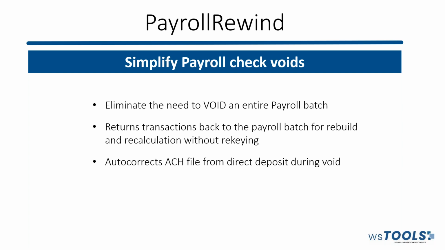And you can be like, oh, don't process this one, I want to bring this one back, rewind this one employee, make the changes, and get that back into the batch again, so for the full payroll processing. And so again, if you have payroll and you have those situations where occasionally something goes wrong or it's not quite right, Payroll Rewind is the tool for you to check out.